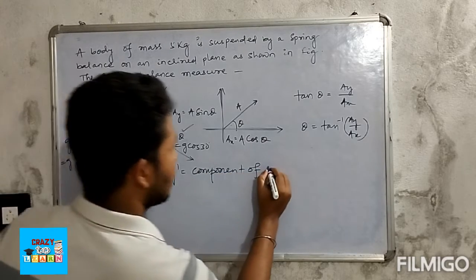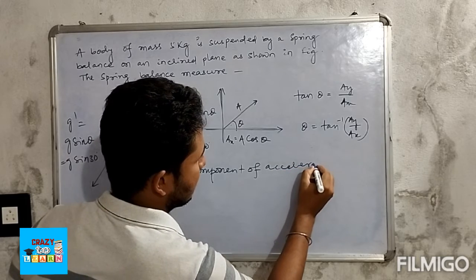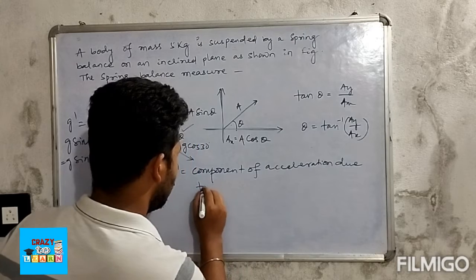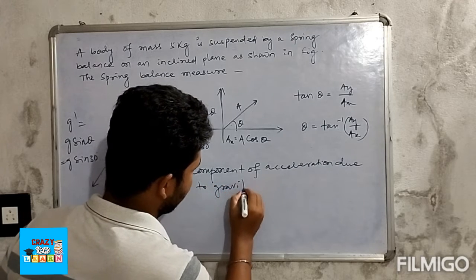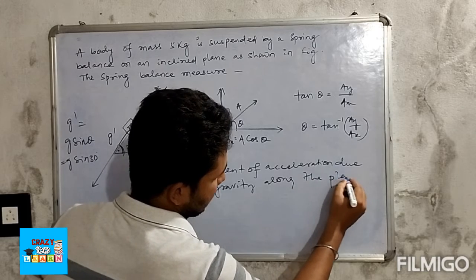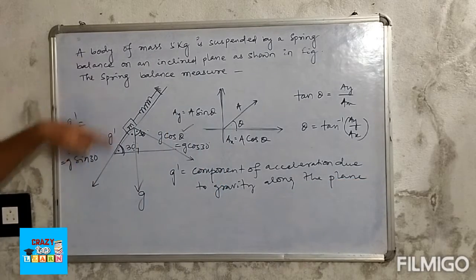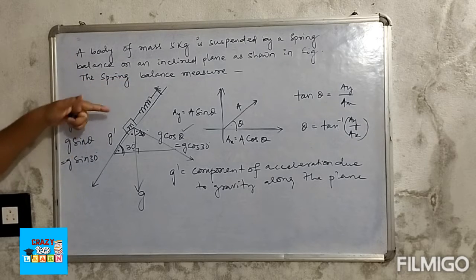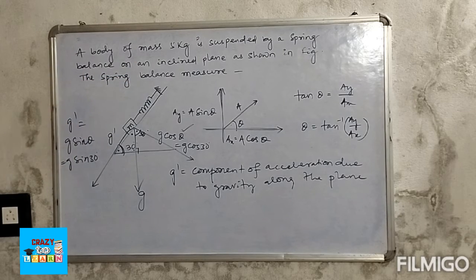of acceleration due to gravity along the plane, along the inclined plane that is given, the g component.